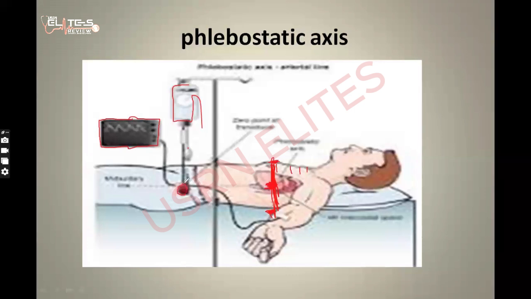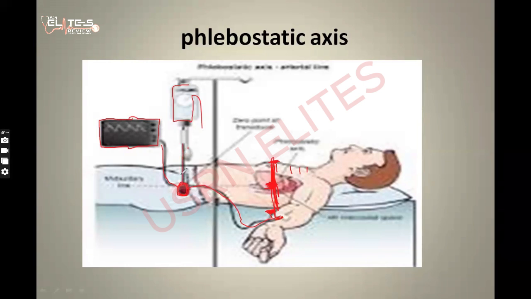This is the transducer. So you have this normal saline connected to this transducer, and we have a connection from the transducer to the screen, and another connection from the transducer to the patient. So this one is in the artery, depending on what you are monitoring. If it's arterial blood pressure you are monitoring, then you have this fluid also connected with high pressure here.